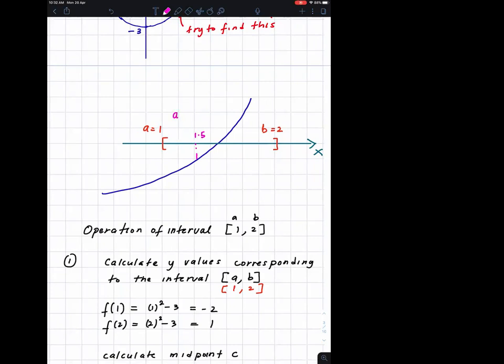Then I should update my A. I should let my A be 1.5. If C, 1.5, gives me a negative number, then I should update my interval, so I can bring the interval closer to this point.